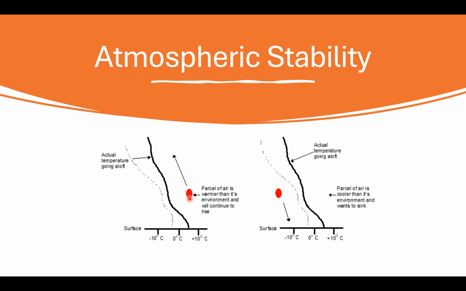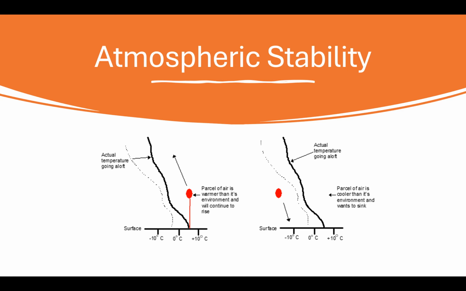We draw a line straight vertically down from where the air parcel is, and that temperature is about 6 degrees Celsius at that level, the air parcel temperature. Now, what is the surrounding like?